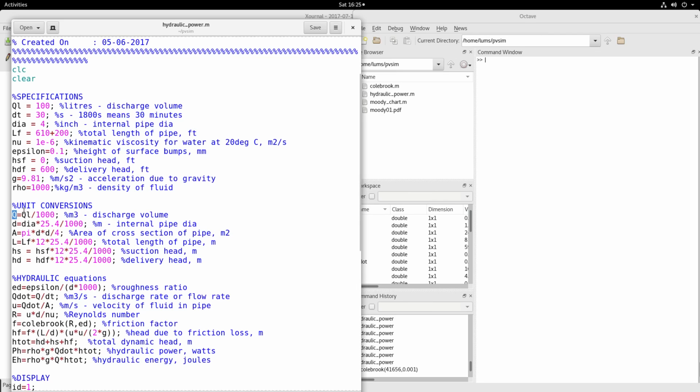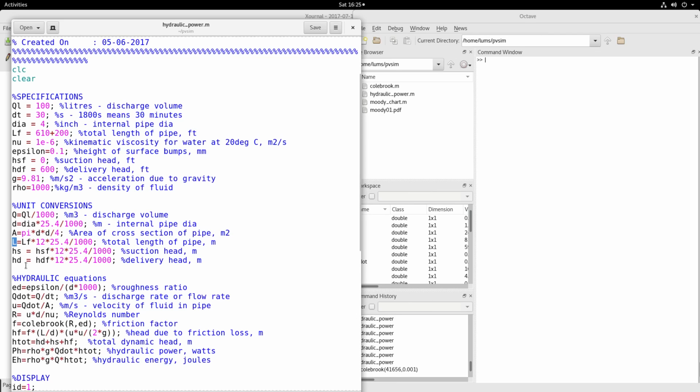So it is QL, which is expressed in liter, divided by 1000 will give you the discharge volume in meter cube. D, the inner diameter, you take the value which is given in inches times 25.4 divided by 1000. We'll convert it into meters. Area is pi d square by 4. If you take the value d in meters, then A will be in meters square.